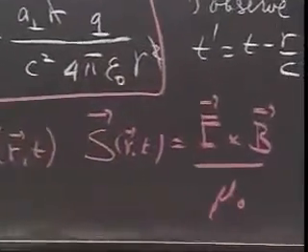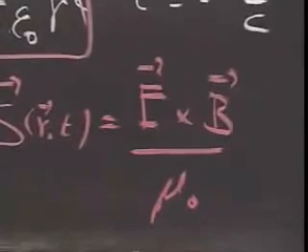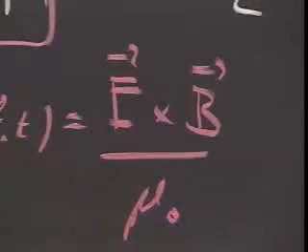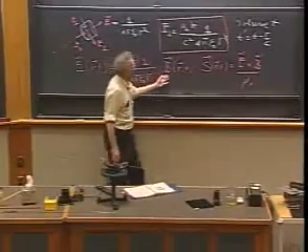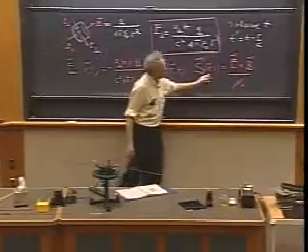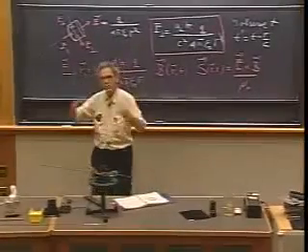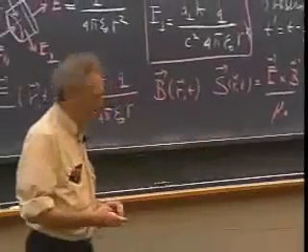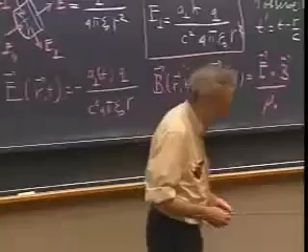And there you have the entire set that tells me what the electric field is due to an acceleration, what the magnetic field is due to an acceleration, and what the Poynting vector is, how many joules per second per square meter flow out.